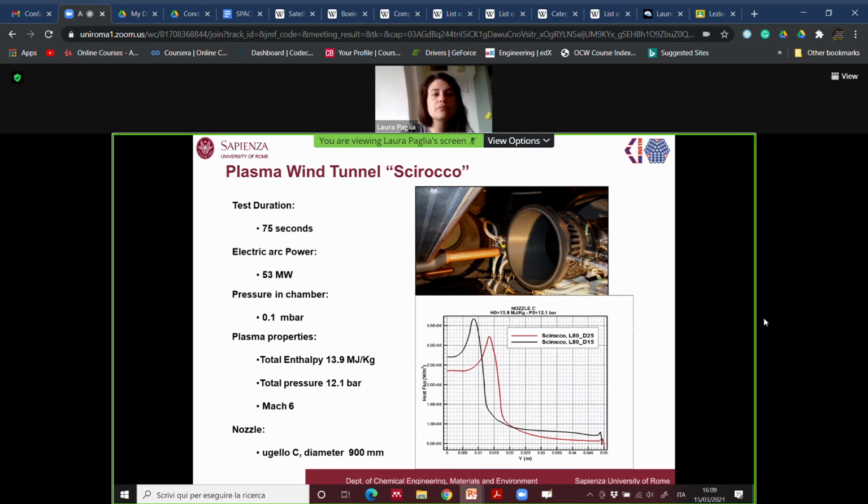Okay. Here we reported all the test conditions for this material. Some of them are only characteristics of the plasma wind tunnel. Others are important characteristics that were used as parameters also in the finite element software.